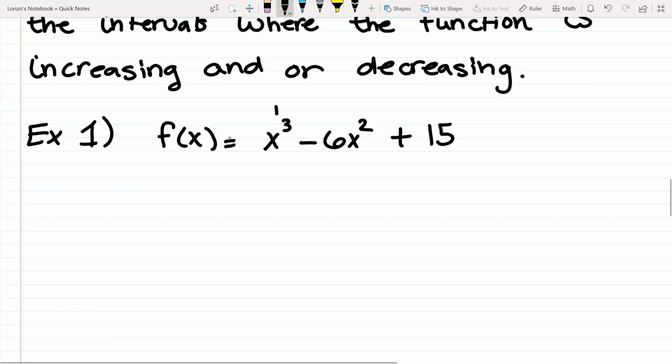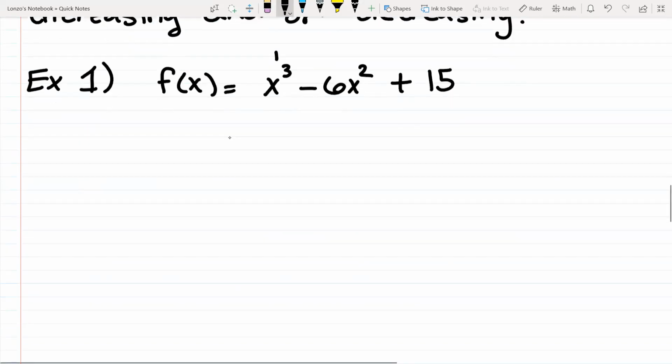In example 1, we have f of x equals x cubed minus 6x squared plus 15. I'm not going to really explain how to get the graph, because you could just put it in Desmos or use your algebra skills from college algebra and figure out the x-intercepts and all that stuff.